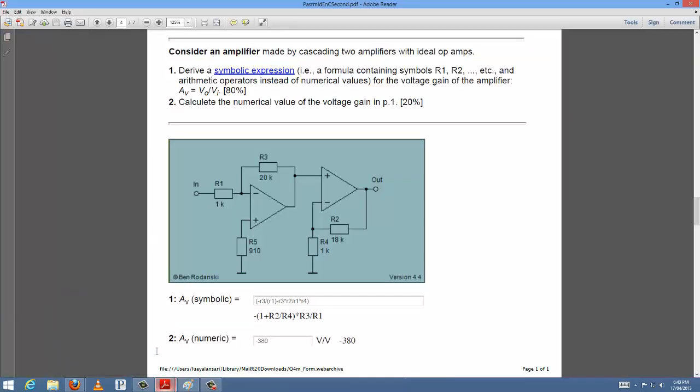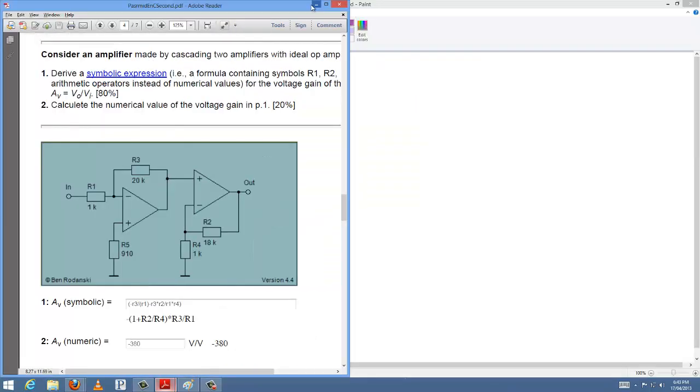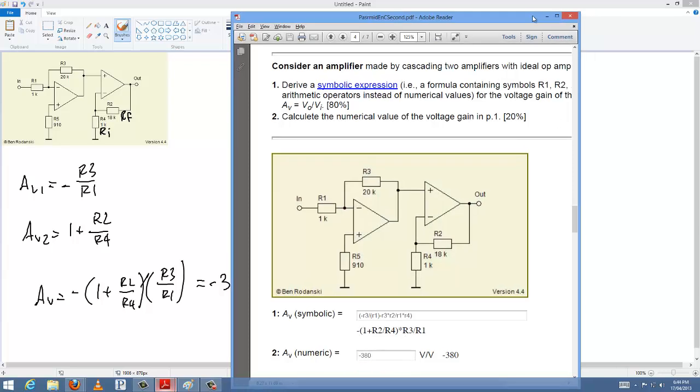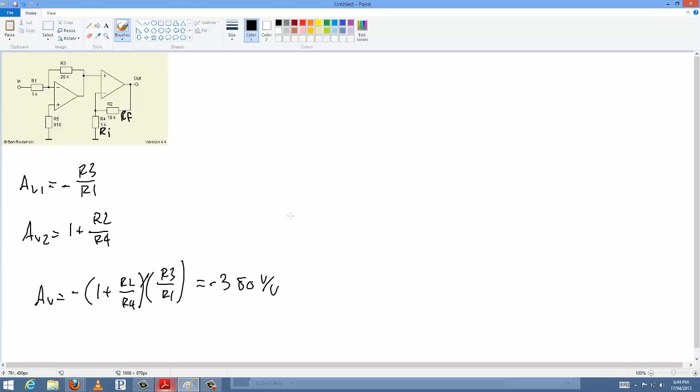Looking at the answer, it is symbolic, so it would obviously be the same if we get the same numeric value. Cool, nice and easy, much quicker than the other ones.